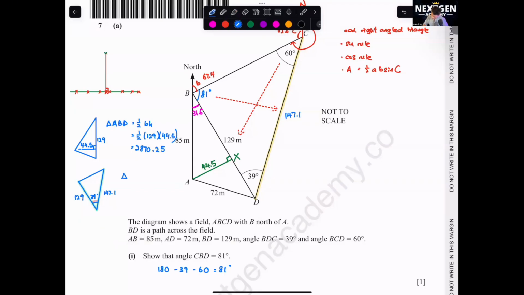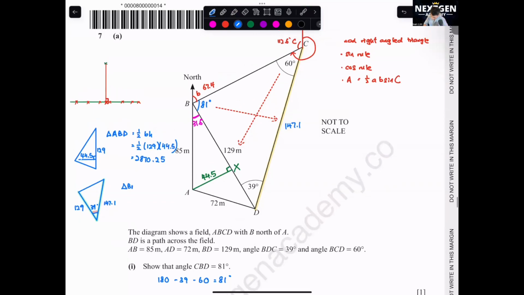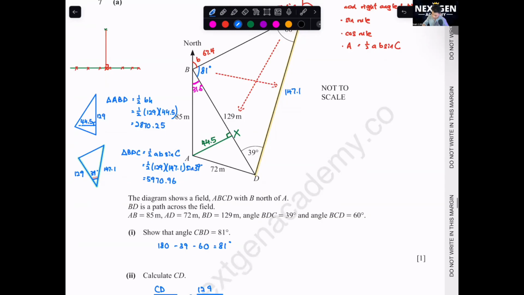So this triangle, BDC, 1/2 AB sine C. 129, 147.1, sine 39 degrees. Okay, add it up. 0.5 times 129 times 147.1 times sine 39. Okay, we get here 5970.96.